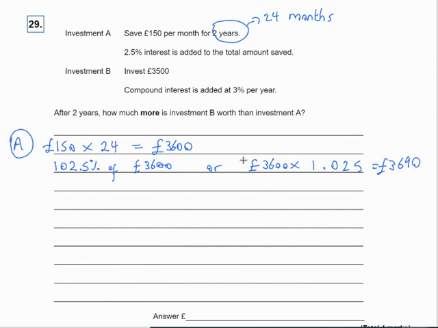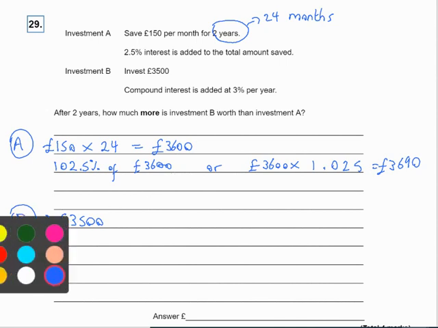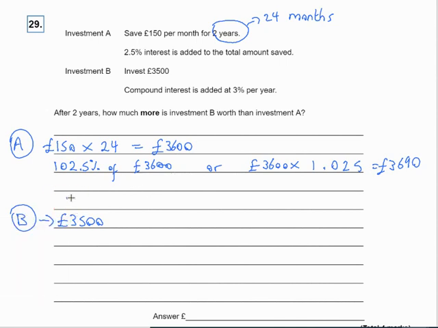Then afterwards, we're going to look at what B is worth. So if it's compound interest at 3% per year, well, we invest £3,500 and we're increasing that by 3%. So we're working out 103% of 3,500.